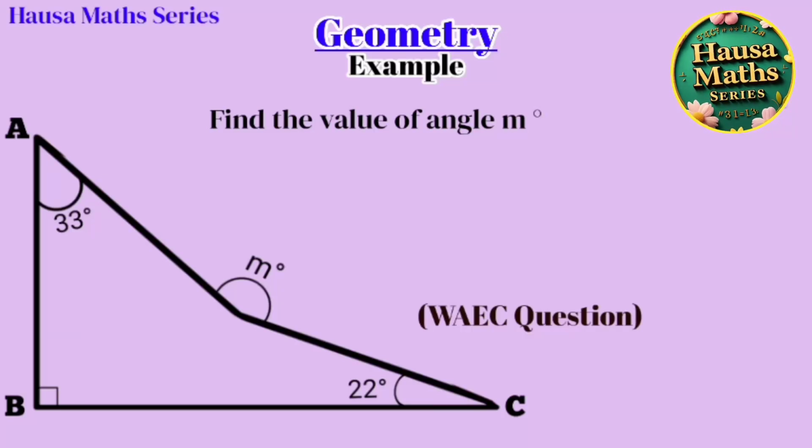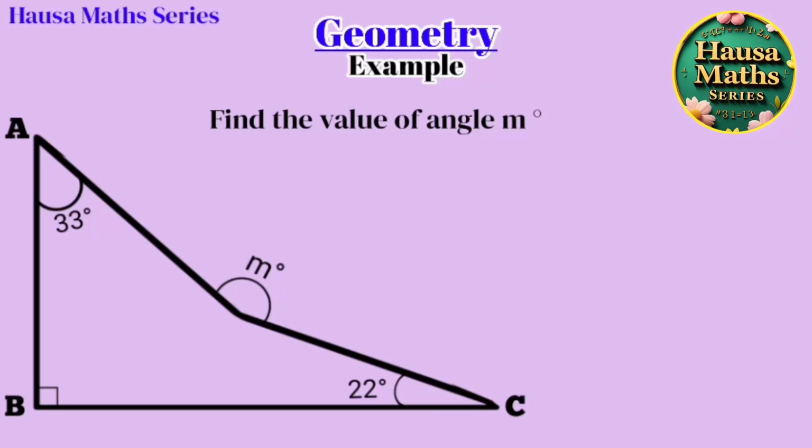We are going to use the given angles, 22 and 33, to find the value of M. First of all, I am supposed to create another straight line that gives us one complete triangle, because this one is not a complete triangle.